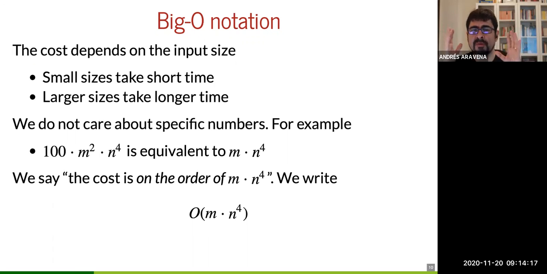It's kind of obvious that if you have a small input, you can solve it faster. If the input is bigger, it will take longer, but how much longer? So normally you can develop a formula, you can essentially count things, and you will have an expression like this, like 100 times m squared times n to the 4th power.